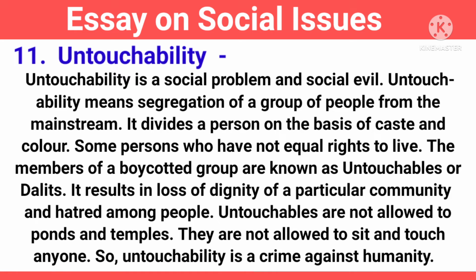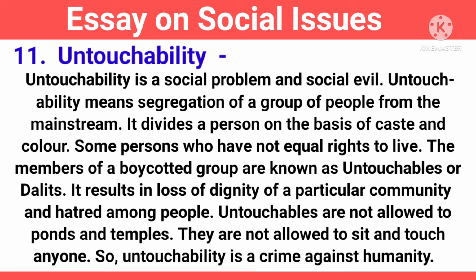11th point is untouchability. Untouchability is a social problem and social evil. Untouchability means segregation of a group of people from the mainstream. It divides a person on the basis of caste and color. Some persons do not have equal rights to live. The members of a boycotted group are known as untouchables or Dalits.